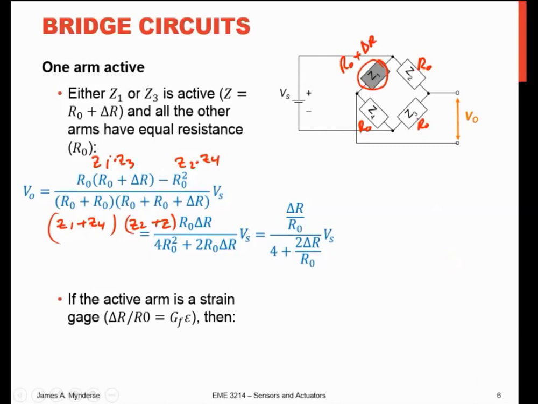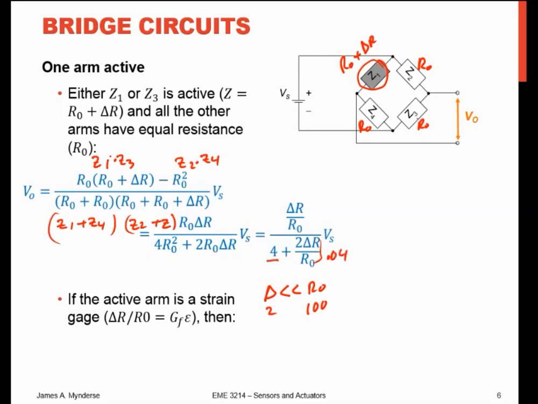It's kind of ugly, but if I assume that delta R is a lot smaller than R0, which in this case our delta R is 2 and our R0 is 100, so my term here, 2 delta R over R0, is actually equal to 0.04.